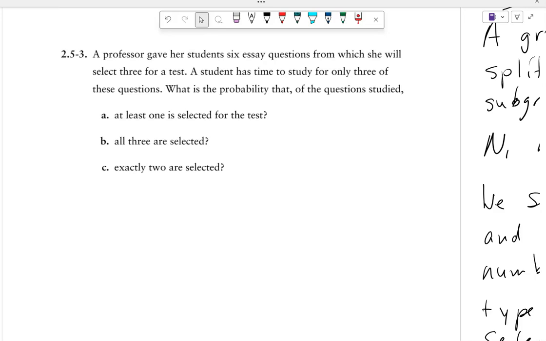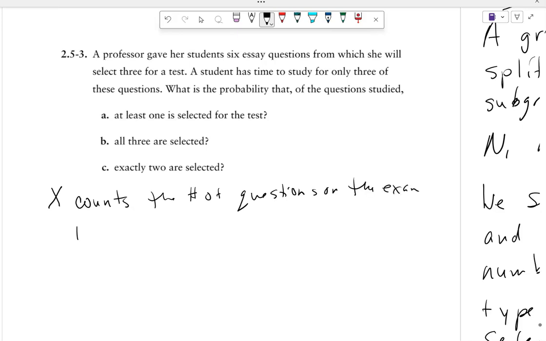So this is why it's hypergeometric. We want at least one selected. So in this case, X is counting the number of questions on the exam the student studied. We want the probability in the first case that X is greater than or equal to 1.